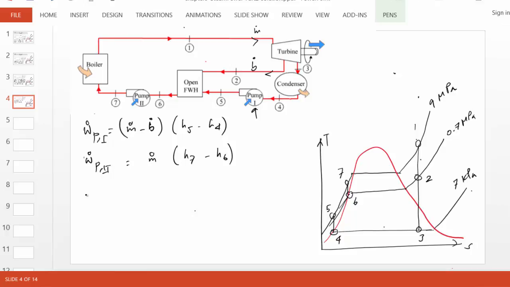And in the boiler, Q dot in happens here, m dot times h1 minus h7.